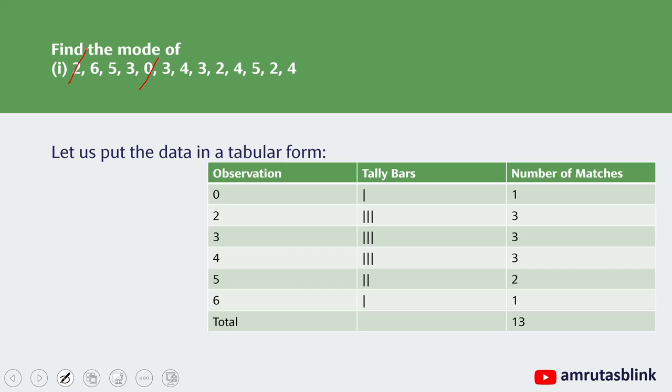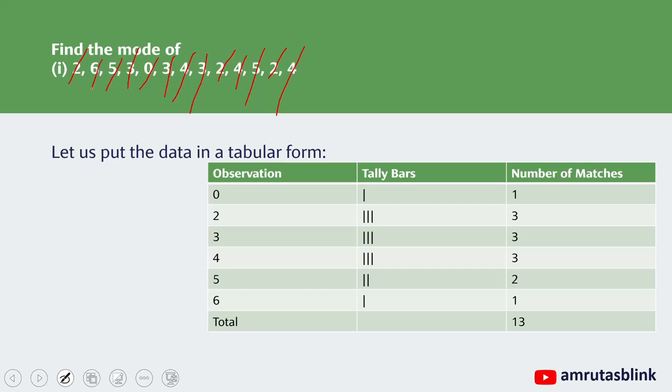Then 2: 1, 2 and 3. So for 2 it is 3. Then 3: 1, 2 and 3. So for 3 also the number of matches is 3. 4: 1, 2 and 3. For 4 also it is 3. 5: 1 and 2. 5 has occurred 2 times and 6 has occurred just 1 time.